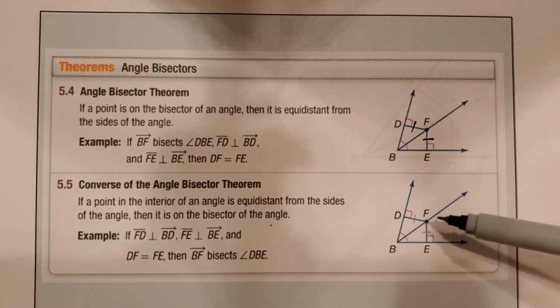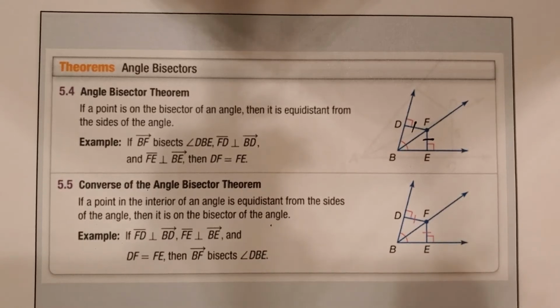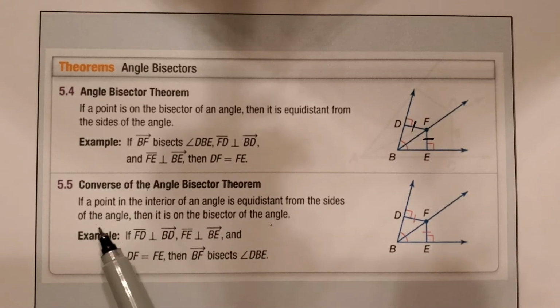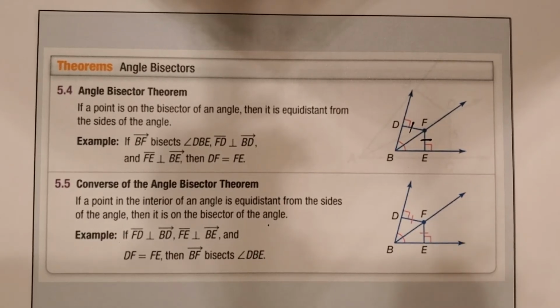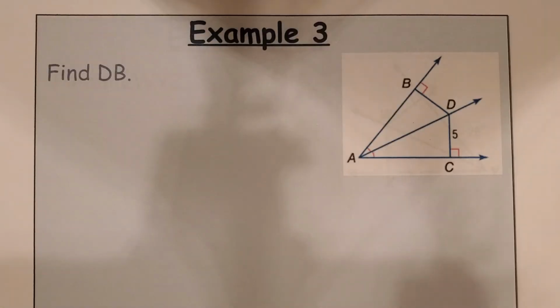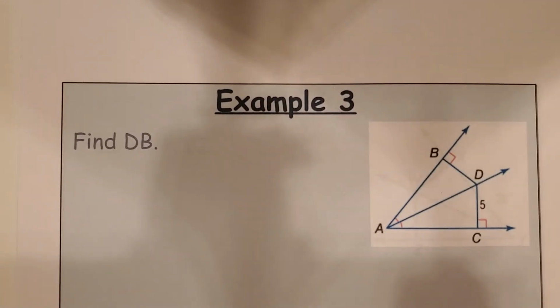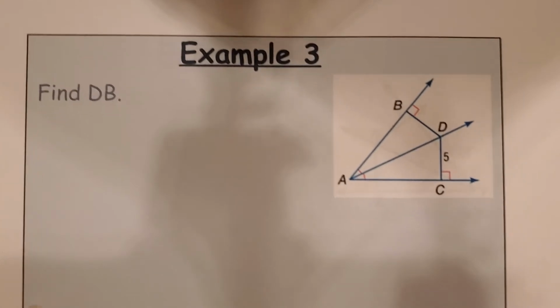If a point in the interior of an angle is equidistant from the sides of the angle, then it is on the bisector of the angle. All right? So if you have this point that's equidistant from both sides of the angle, then this point is on the angle bisector. So I think a lot of these problems are going to be very similar to the perpendicular bisector problems from earlier.